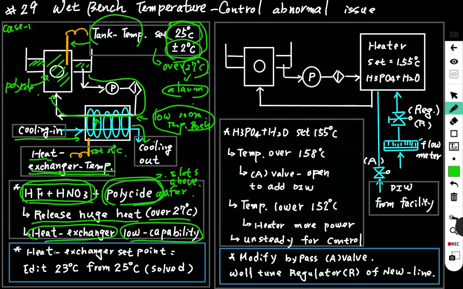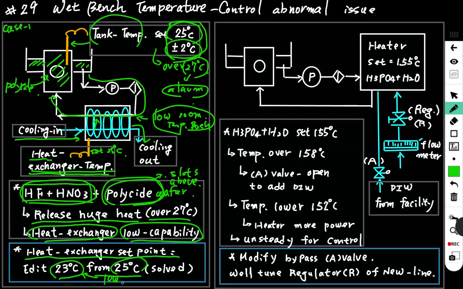So the easy, soft way is to set the heat exchanger temperature set point to 23 degrees from the original setting of 25.